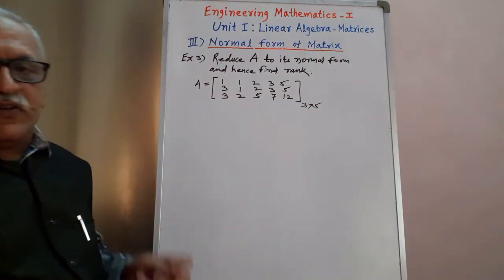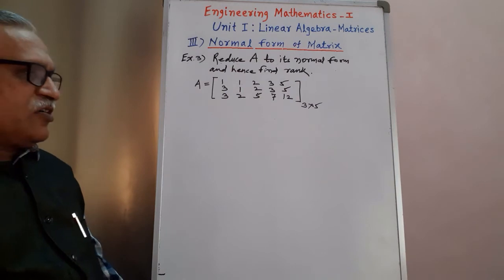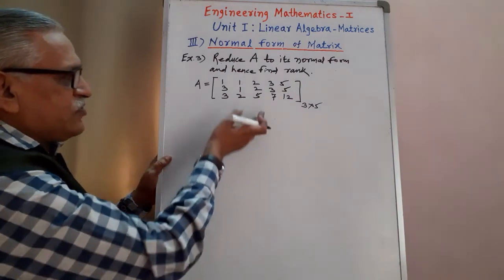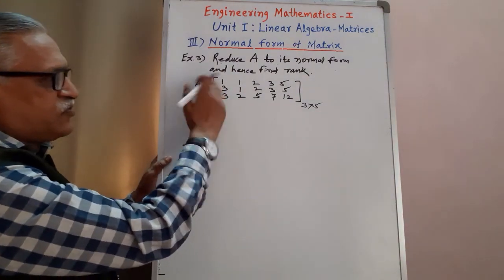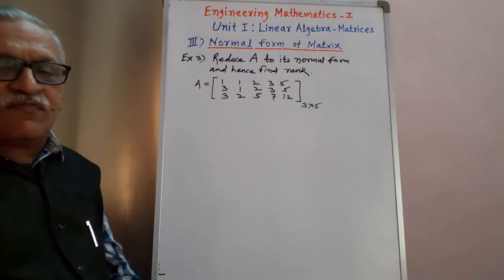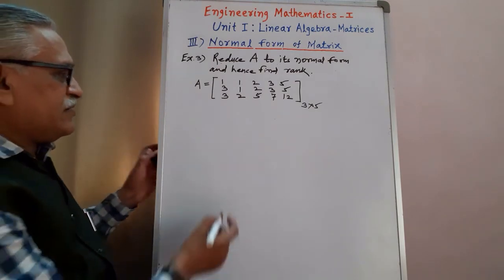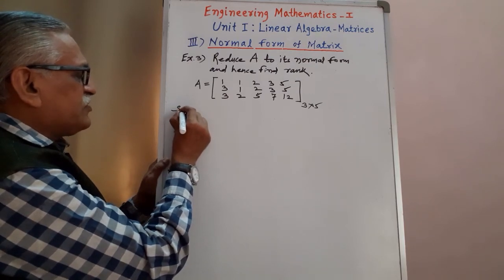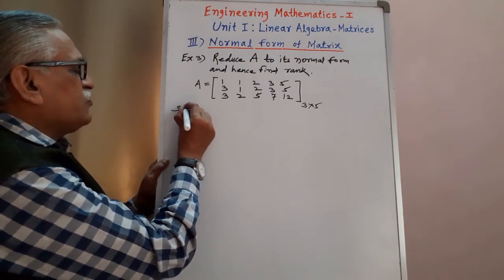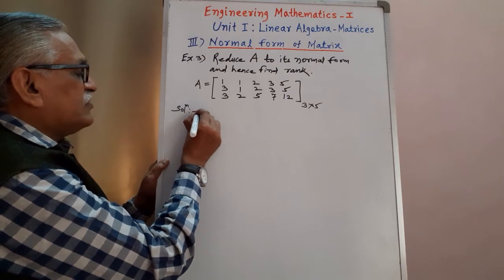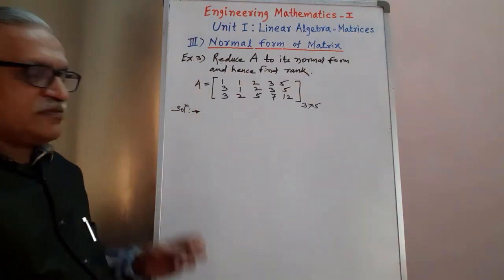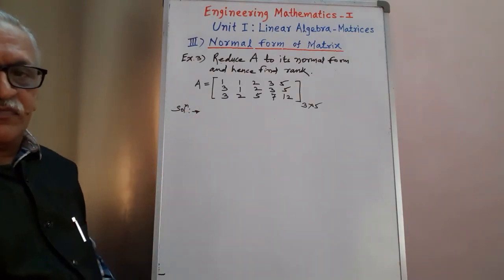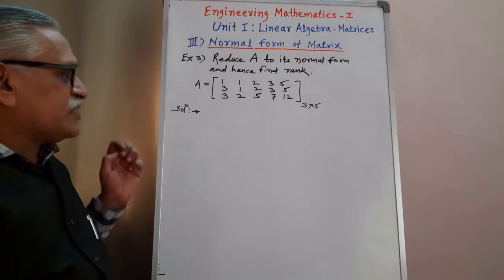Therefore, 3 by 5 is the order of that matrix. We have to reduce this matrix to its normal form and from that determine the rank. Therefore, same steps whatever I have discussed in the previous two examples, I will apply the same procedure.